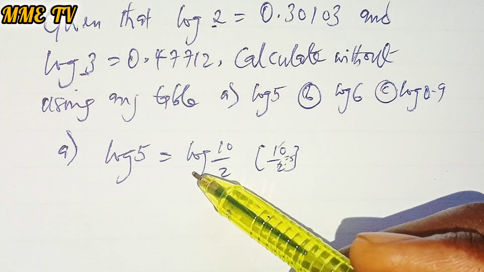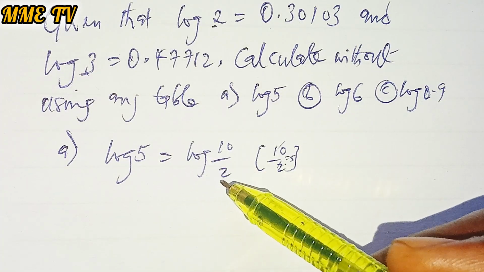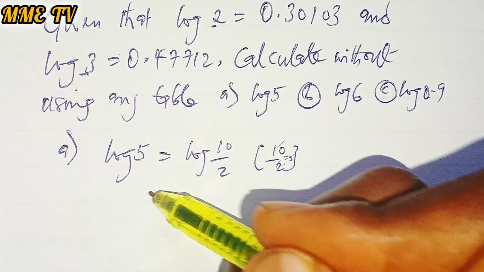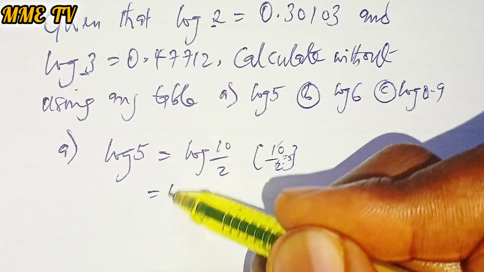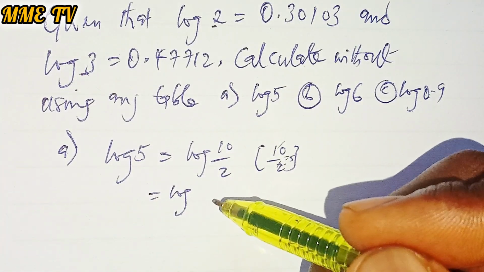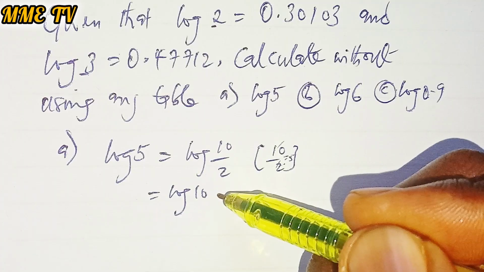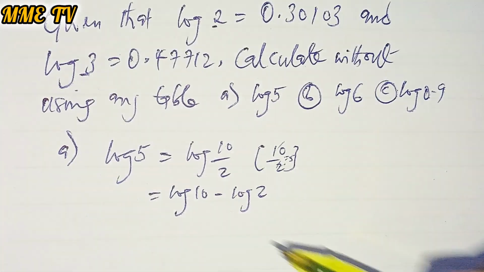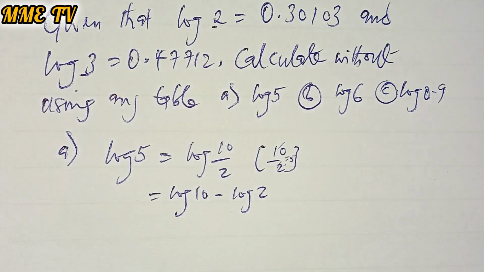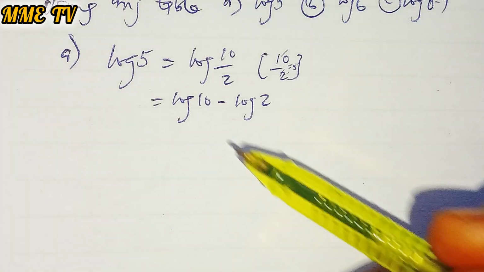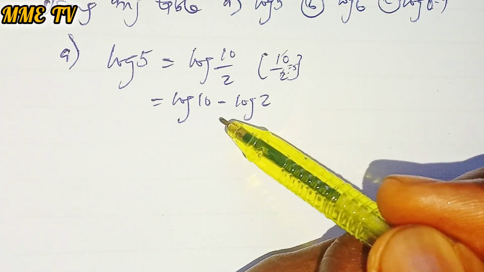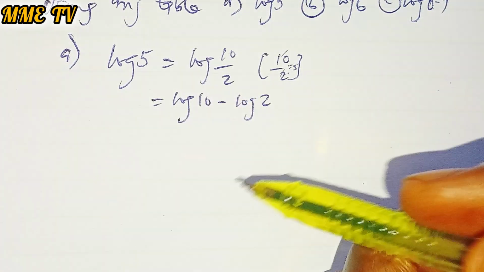Now, as much as you've said log 10 over 2, you will split them into two by saying log 10 minus log 2. You've seen what I'm showing you, log 10 minus log 2. So log 2 is being subtracted from log 10.